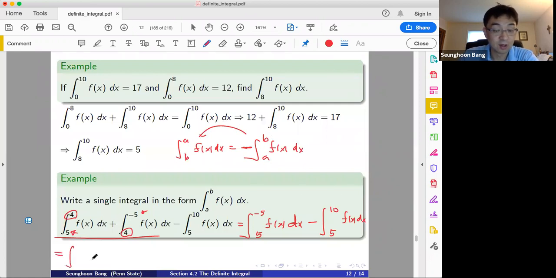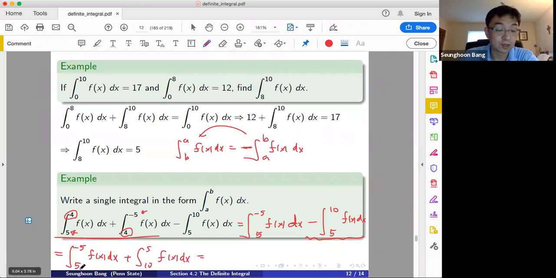What does it mean? The first one, the integral from 5 to minus 5 of f of x dx. This is like a negative one. You can change it to the positive one, only interchanging 5 and 10: the integral from 10 to 5 of f of x dx.